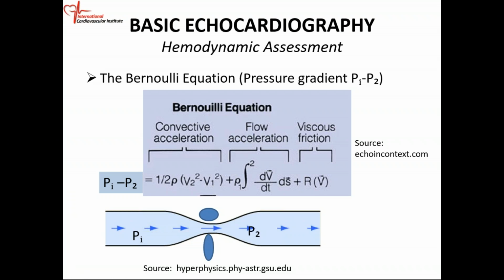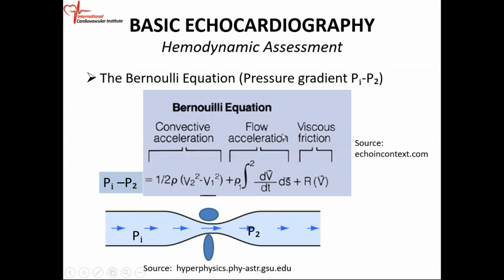We deal with blood. So when we deal with blood, the viscous friction of the blood is similar to that of water. So we can call this 1, okay, and the flow acceleration is negligible for blood, so you can probably call that 0. Okay, so what we're actually dealing with is just your convective acceleration.